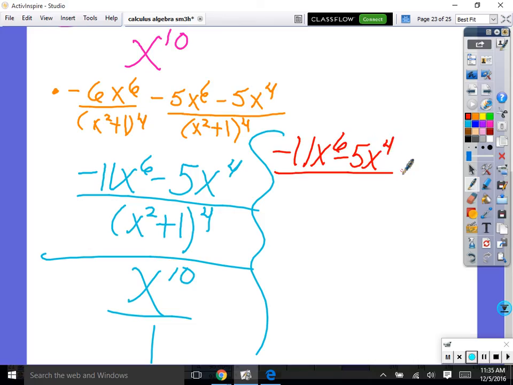Like I said, I never skip steps in calculus. It's not worth making mistakes. And then we're timesing by, you flip the second, so 1 goes on top, and x to the 10th goes on bottom. Now my question for you is, can I continue to simplify?